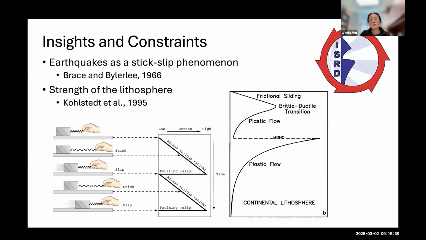Showing on the left is what we call a Christmas tree diagram. This marks the strength profile of the continental lithosphere, as well as oceanic lithosphere, which is not shown here. That's also in our logo.